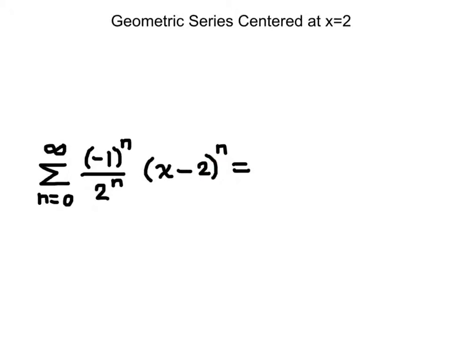So the very first term will be 1 minus, and I'm saying minus because when n is equal to 1, that's the next term, and -1 to the 1 is -1, so we have a negative sign here, and then 2 to the 1 is 2, so this becomes 1/2, so 1 minus 1/2 times x minus 2 raised to the 1, so we have times x minus 2.